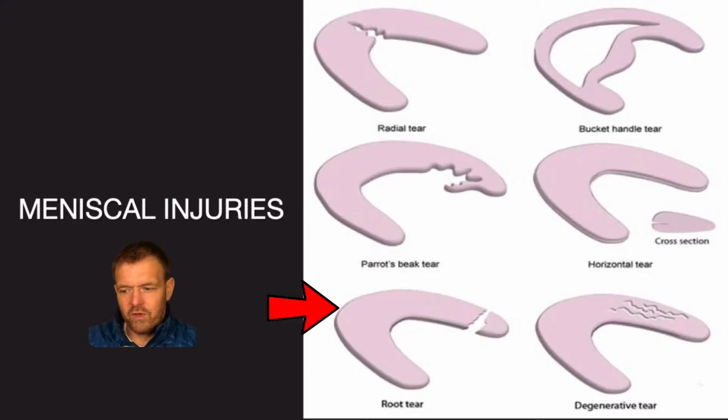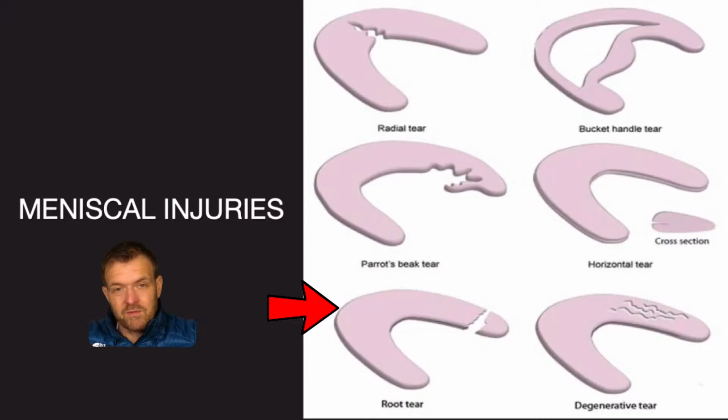And if you scan knees that are asymptomatic, so they have no problems at all, you will see degenerative changes in the meniscus. Yeah, they'll be identified on MRI. The problem that we've got is that people who don't have pain have changes, and then if someone does have pain, they go for an MRI and they see changes, and you go, well, is it normal or is it pathological?